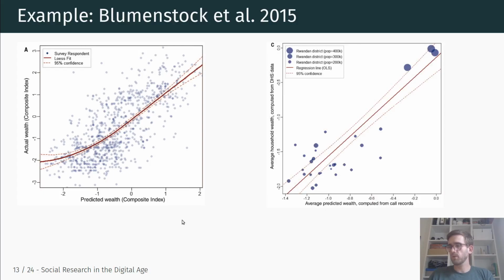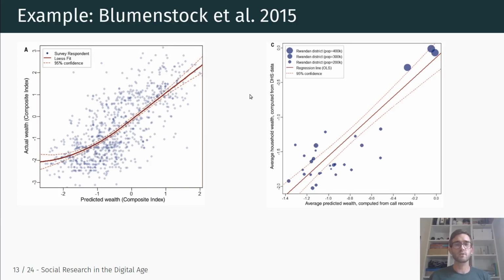And this is another plot also from the paper where they looked at the average predicted wealth in individual districts computed from call records and the average household wealth computed from DHS. So that's the Demographic and Health Survey in Rwanda. That's the benchmark that they're using, all right?